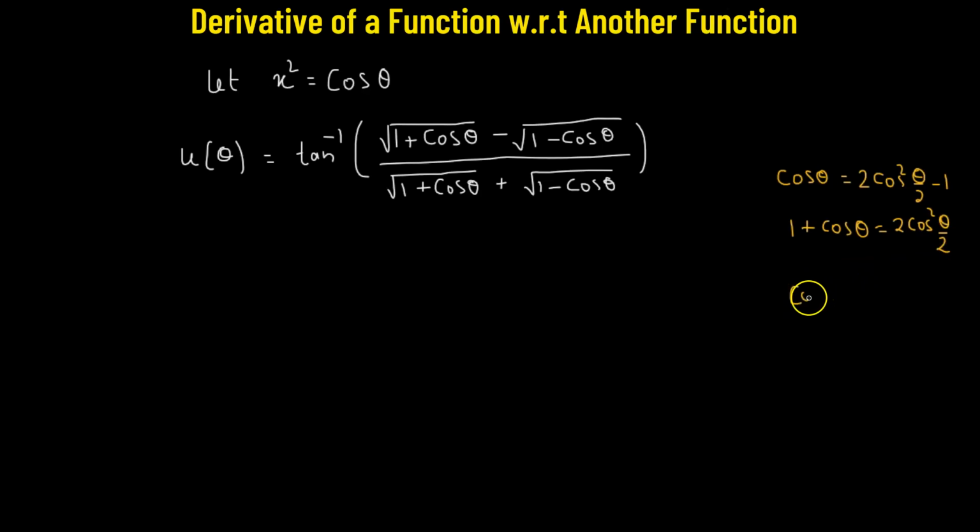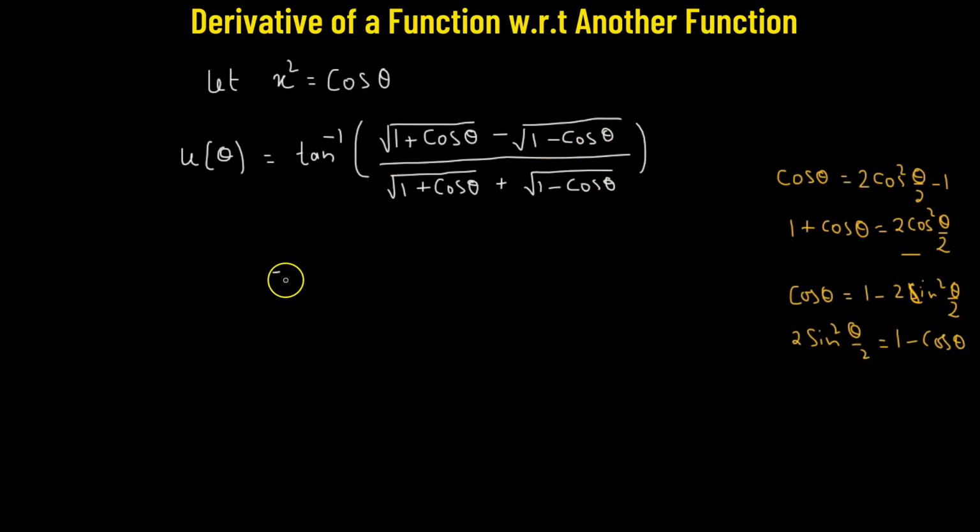Similarly, we can also rewrite cosine of theta as 1 minus 2 times sine squared theta over 2, such that 2 times sine squared theta over 2 equals 1 minus cosine theta. So wherever we have 1 plus cosine theta, we'll replace it with 2 times cosine squared theta over 2, and wherever we have 1 minus cosine theta, we'll replace it with 2 times sine squared theta over 2.